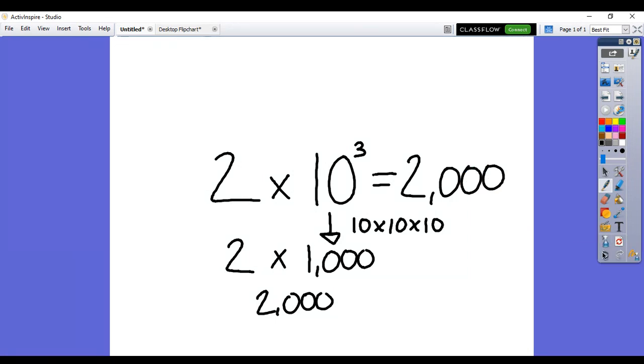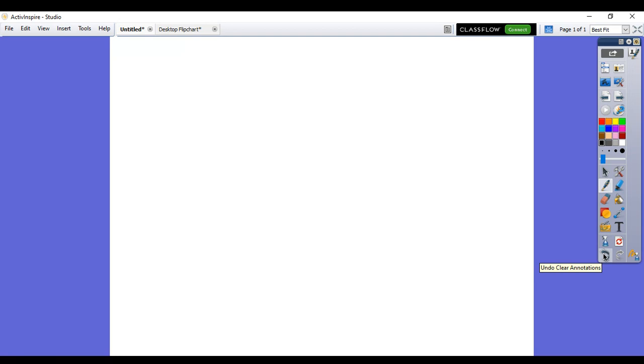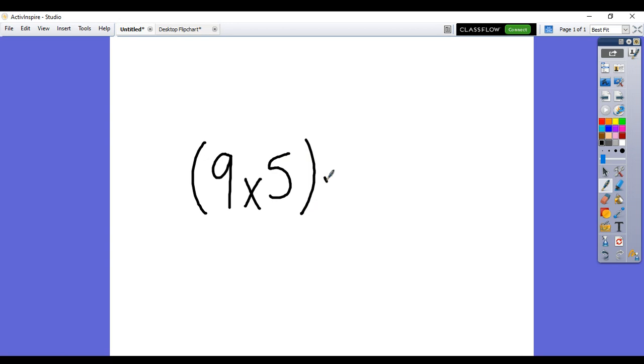All right, let's go over one more. In the next lesson, we looked at exponents again, but we had more numbers going on there. If I have, in parentheses, 9 times 5, times 10 to the second, we're also going to be looking at PEMDAS again.